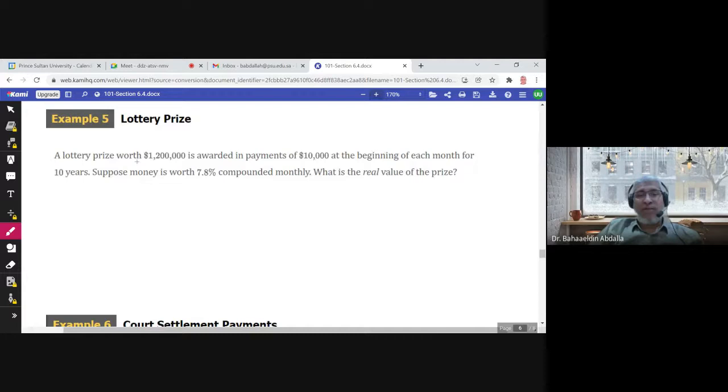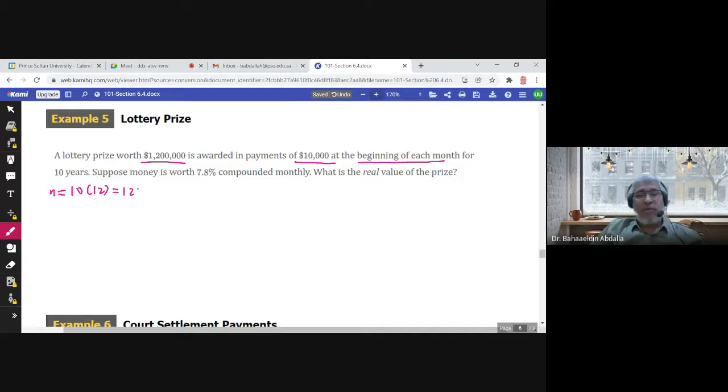A lottery prize worth 1,200,000 is awarded in payments of 10,000 at the beginning of each month. Beginning of each month, so this is an annuity due for 10 years. What would be the number of periods? 10 years and monthly, so 12 times a year.